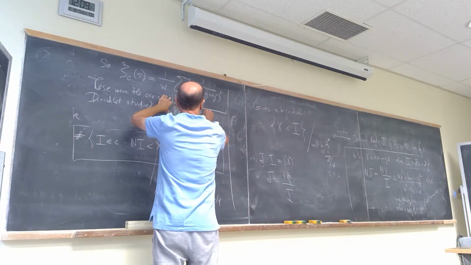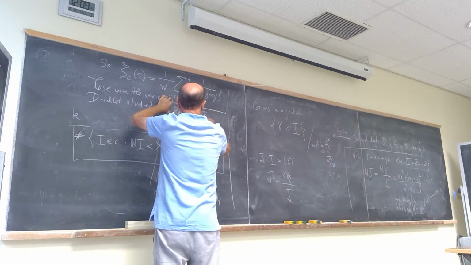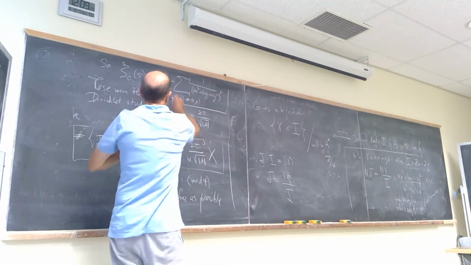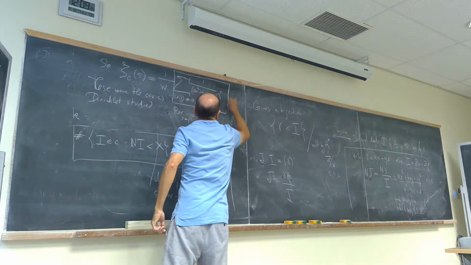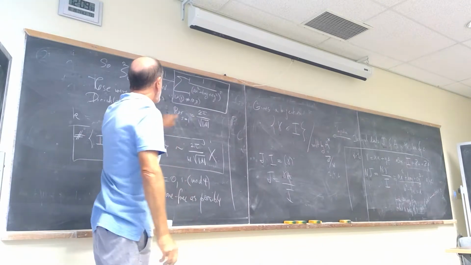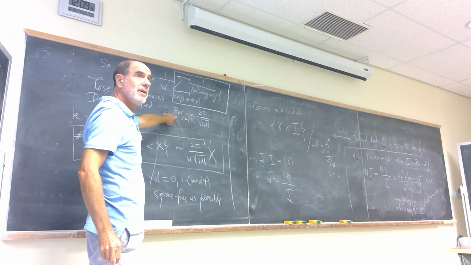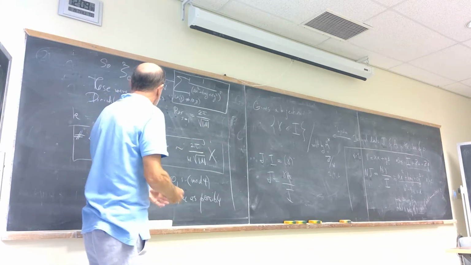So just 2 pi over the square root of the absolute value of d. For every binary form, if you just study this series, it has a pole at s equal 1, and you have to prove that this is its residue, where d is the discriminant of the binary form. So now it's completely explicit. How do you do that?